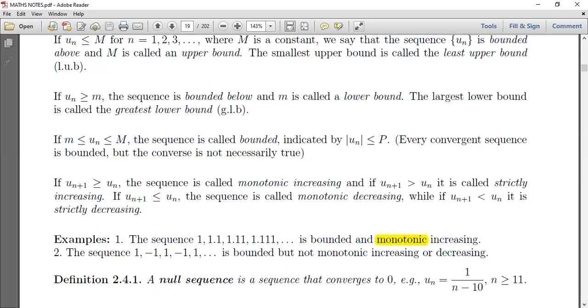Okay. So if a sequence is such that un plus 1 is always greater than or equal to un.